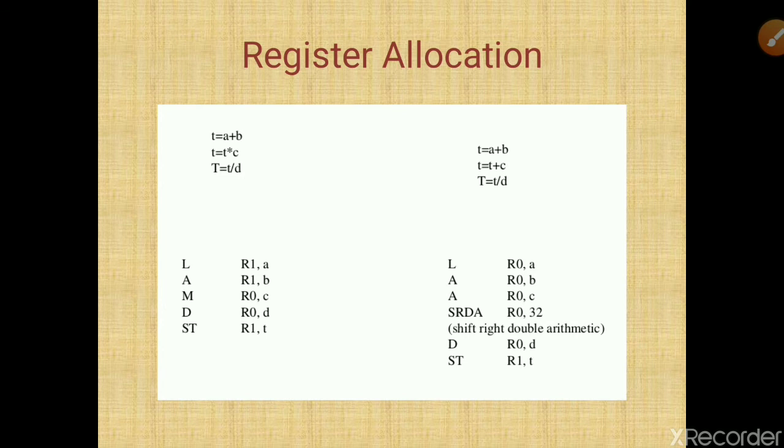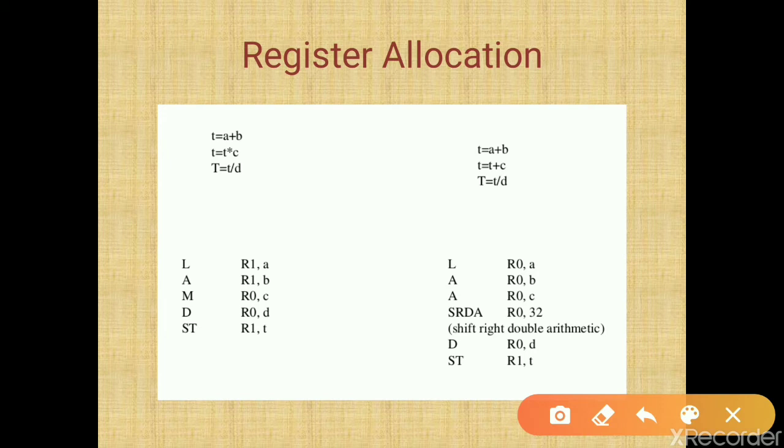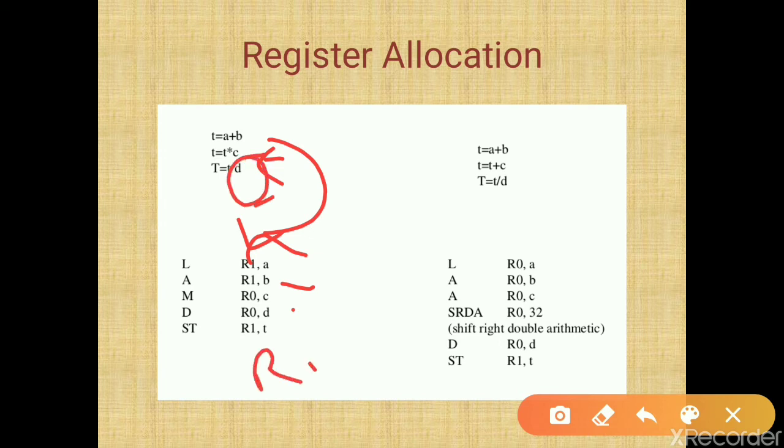Now just consider this example. Here t is equal to a plus b, t is equal to t star c, and t is equal to t divided by d. You can see the register allocation: first I am loading a into R1, then adding b to R1, so R1 holds a plus b. The next step is t into c, with t inside R0, so multiply R0 comma c, then divide R0 by d, that is t by d, then store R1 comma t.